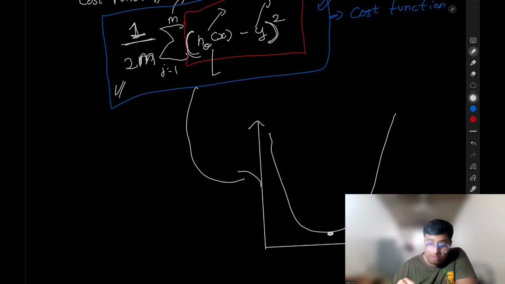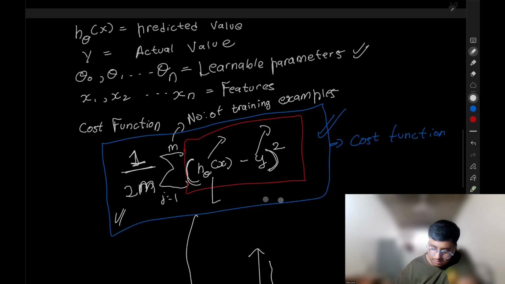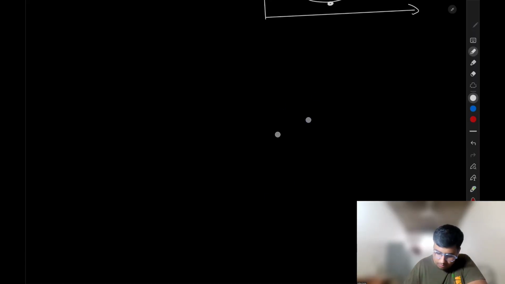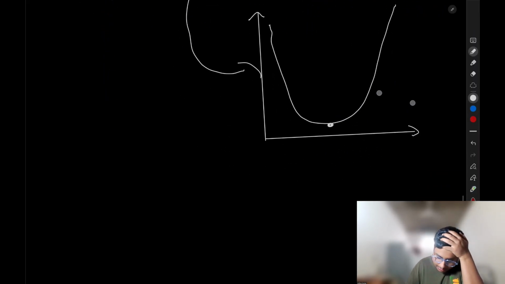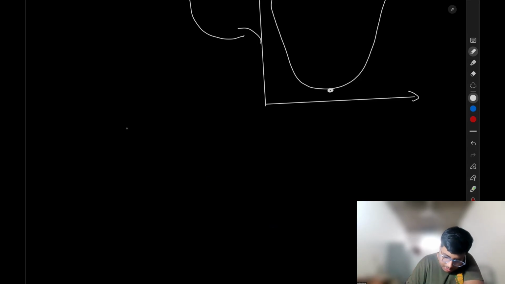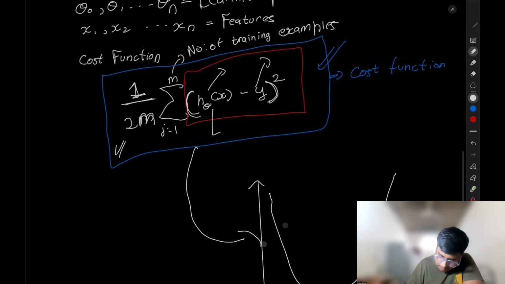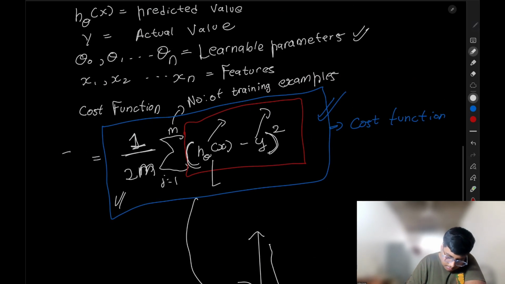So now we are going to apply gradient descent. Let me write what gradient descent is first, then I will explain it in the later part of the video. Repeat: theta j is equal to theta j minus alpha of. I am just writing this, I will explain it.